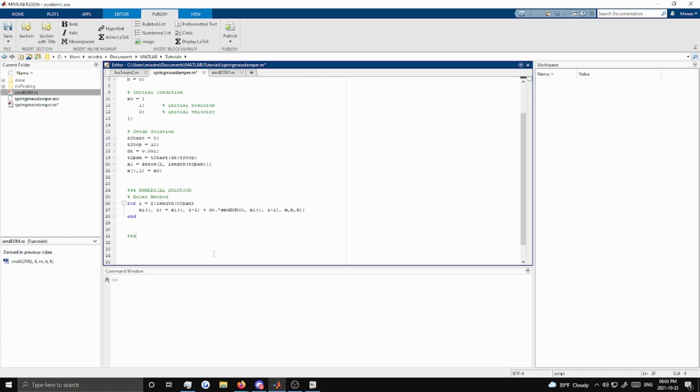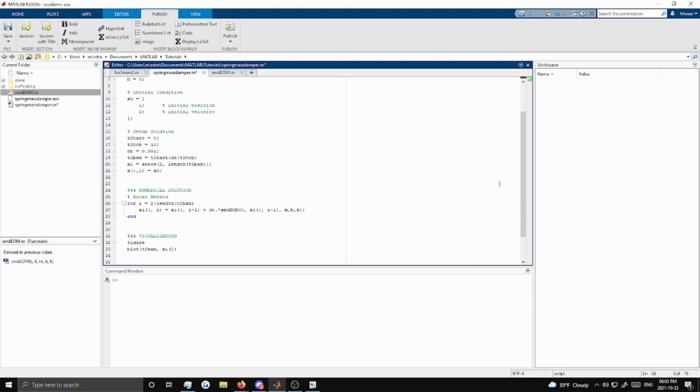So let's visualize it. Visualization, most important part of getting data. We'll create a figure, and we'll plot the time data on our x-axis, as it is the independent variable, and we'll plot the solution on the y-axis, which is our position.